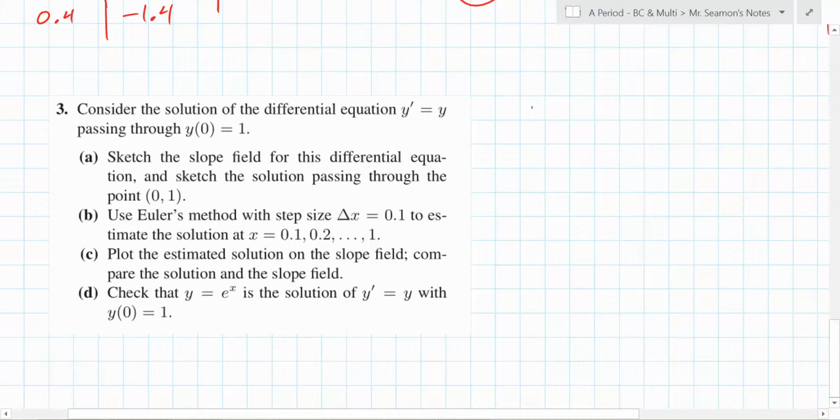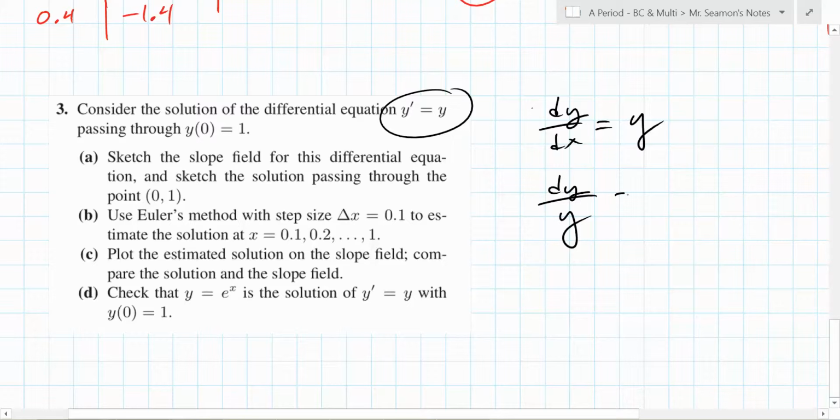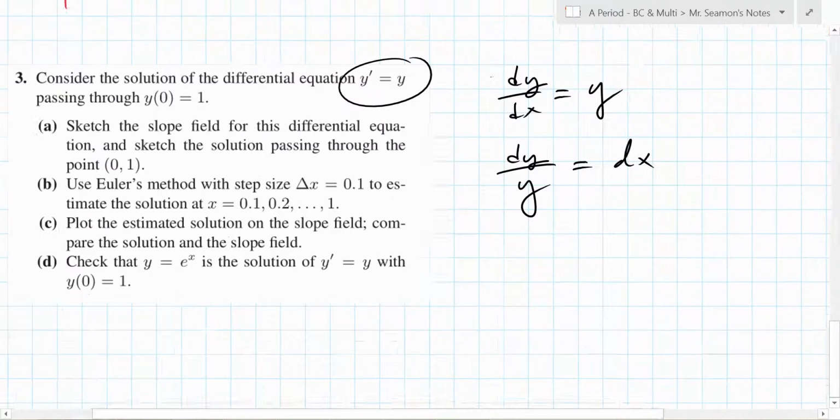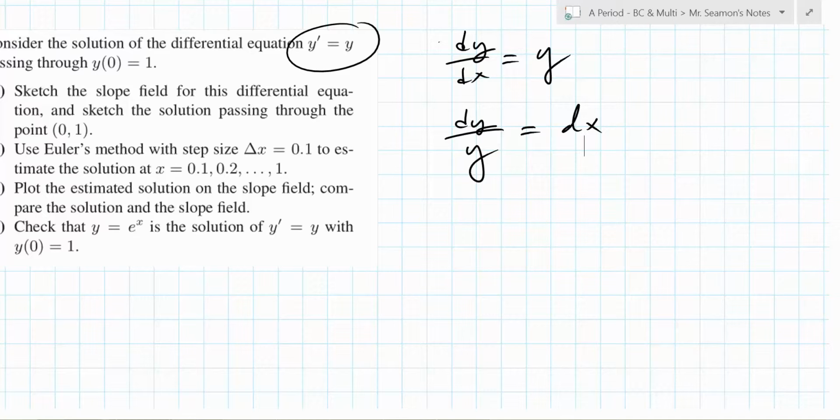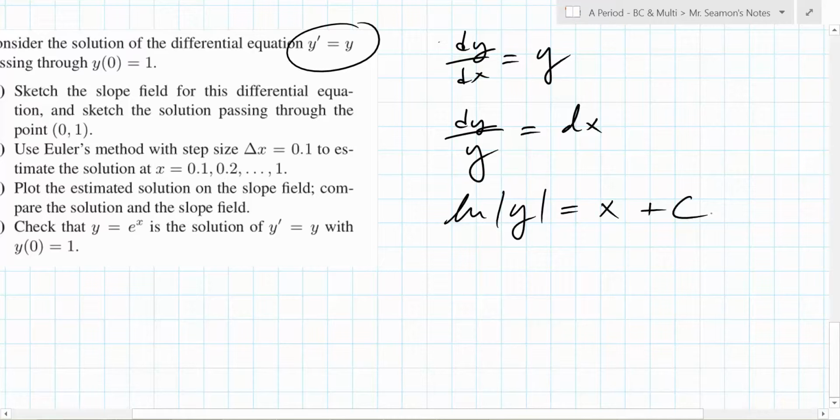We know that y prime is equal to y, so that means dy/dx is equal to what? y. I'm just writing it as dy/dx instead. So that means dy over y is equal to dx. Now what can you do to both sides? So you end up with ln of absolute value of y is equal to x plus some constant, so let's say c1.